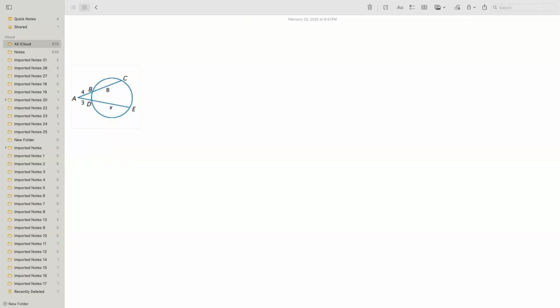I'm not sure if I understand. Wait, so is it 4 segments in total? No, not 4 segments, only 2 secants. The problem gives part of the length of each secant.